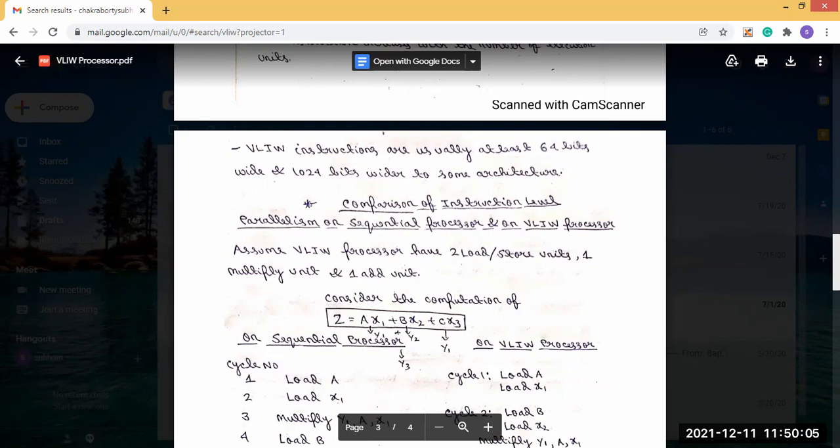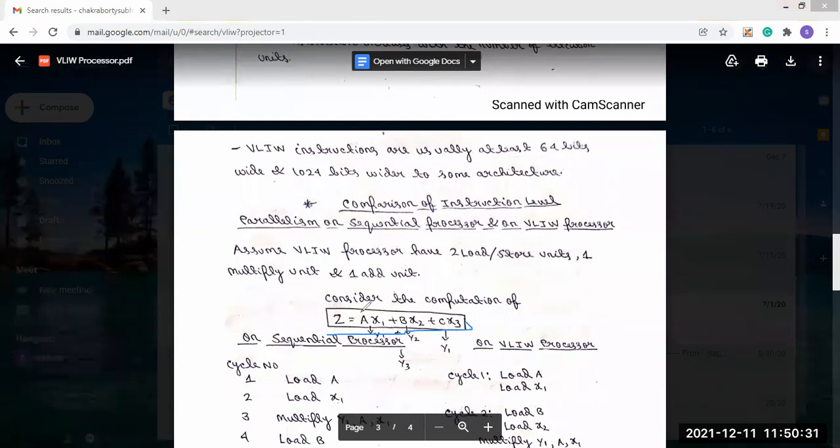And let's say this is our instruction: z equals a x1 plus b x2 plus c x3. So this is our instruction.